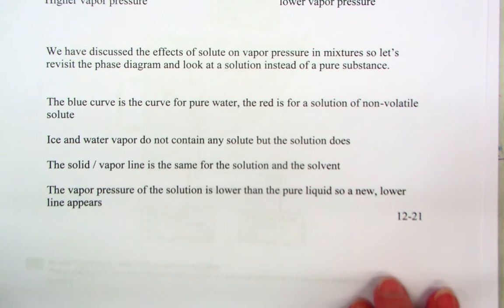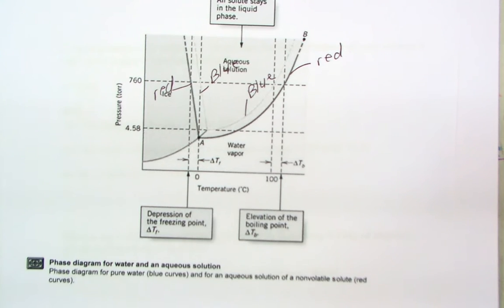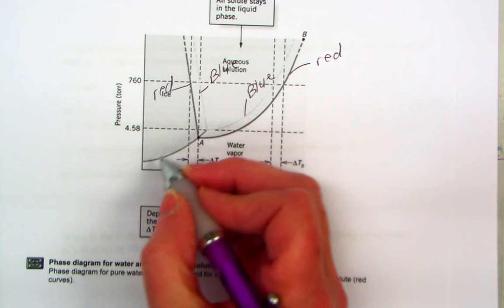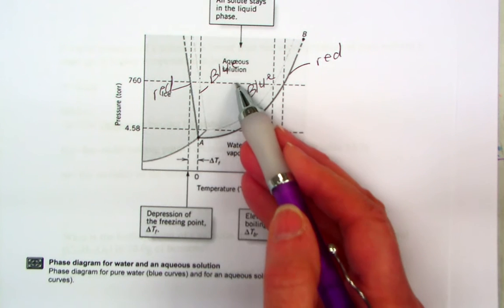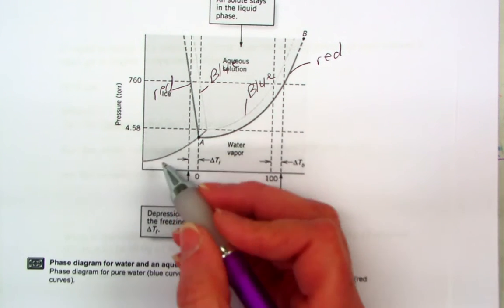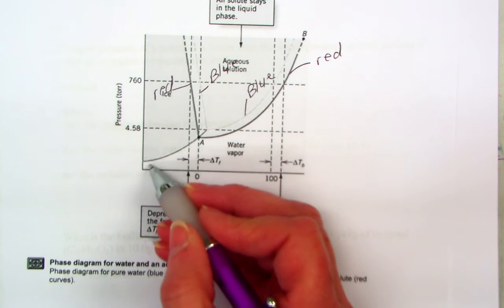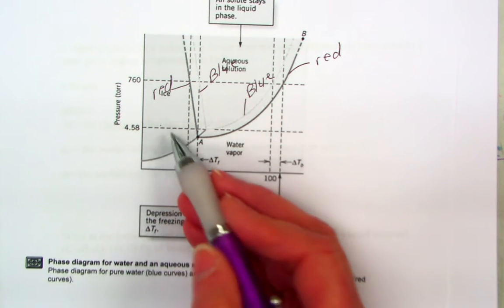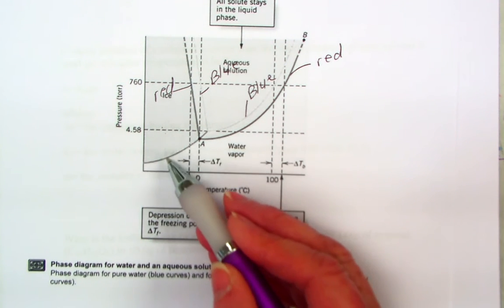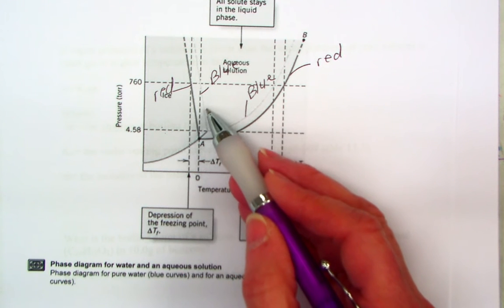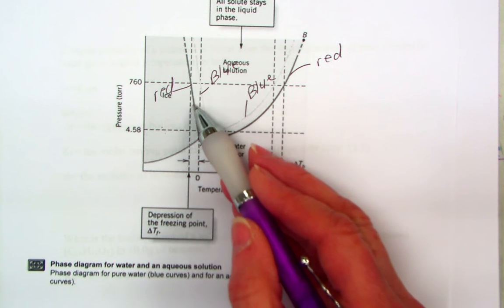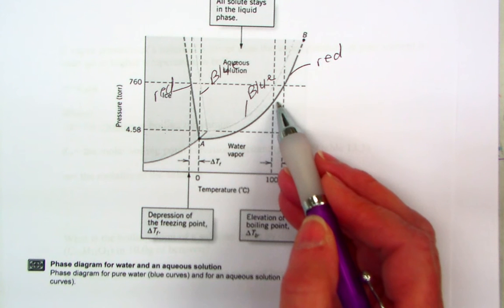So when you think about this, we look at this new diagram and you'll notice that I have this dark line separating the liquid and the gas, and this line did not change. The line between solid ice and water vapor, the sublimation line, did not change. But over here, I have a new, different line. This line has shifted.